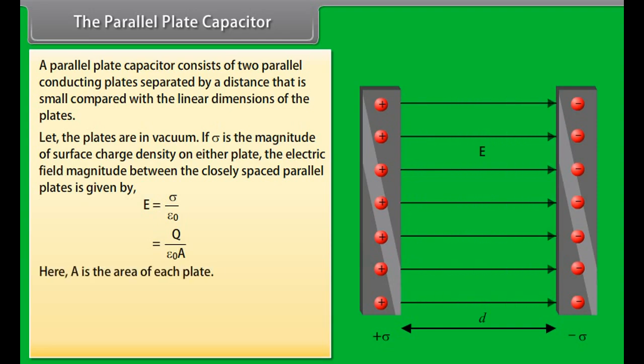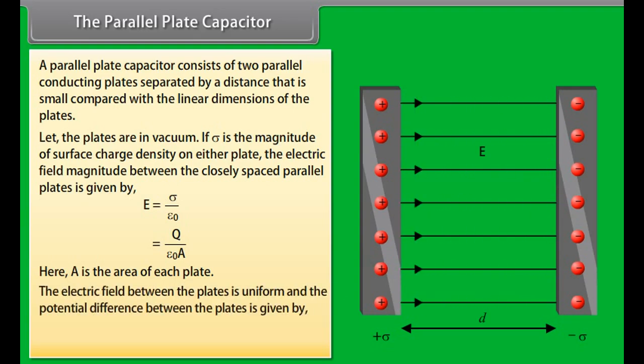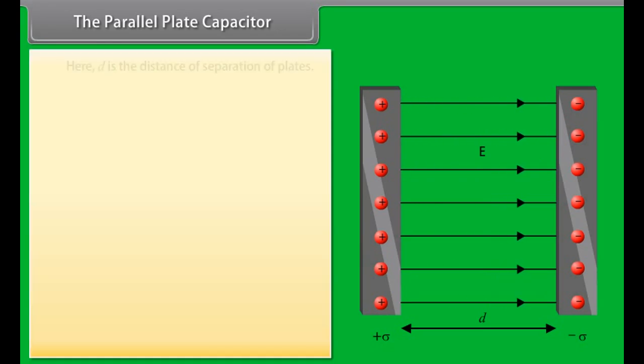Here, A is the area of each plate. The electric field between the plates is uniform and the potential difference between the plates is given by E D, which is equal to Q D upon epsilon naught A. Here, D is the distance of separation of plates.